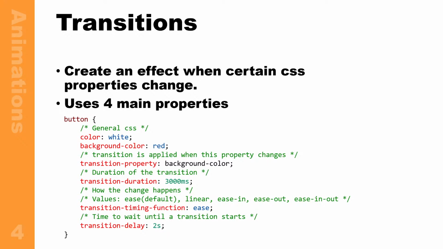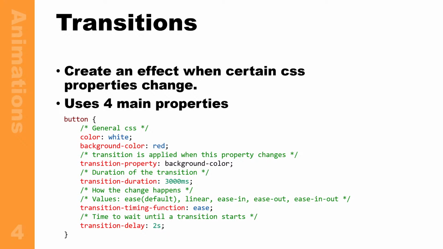So transition property is the first one. This means that your transition and the settings for your transition, which we will discuss in the next 3 properties, will only trigger when certain specific properties are changed. In this case, the transition is only going to take effect when the background color changes.